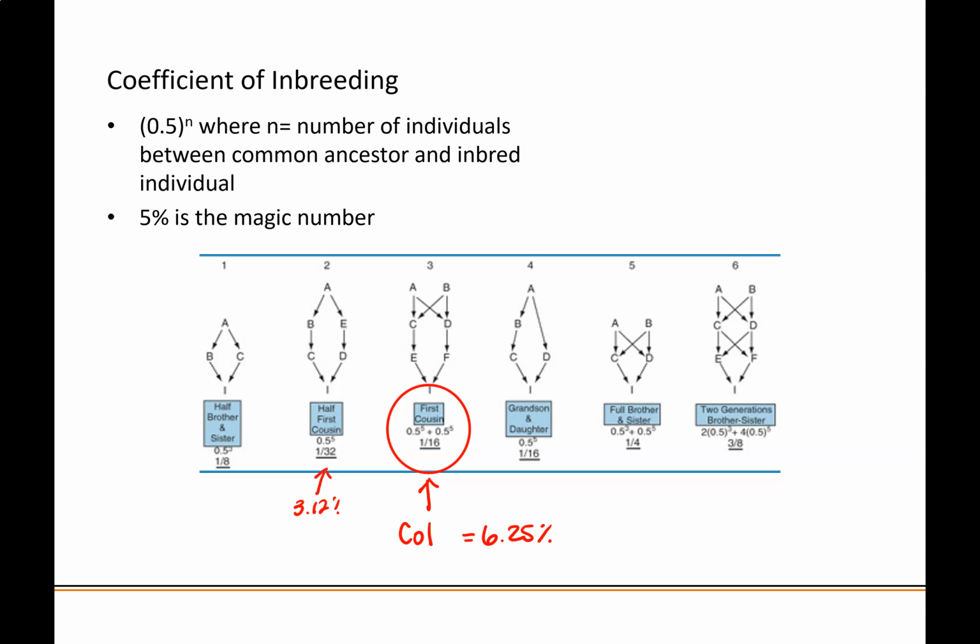So just keep in mind, less than about 5% is sort of your magic number. I mean, not that most of you are probably worried about this, but if we're talking strictly from a genetic standpoint, 5% is the magic number. You want to keep that coefficient of inbreeding lower than 5% if you want to keep your population healthy.